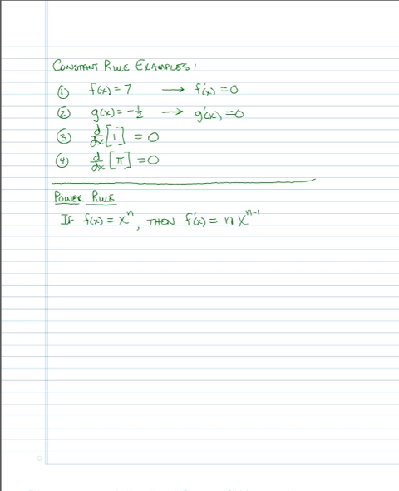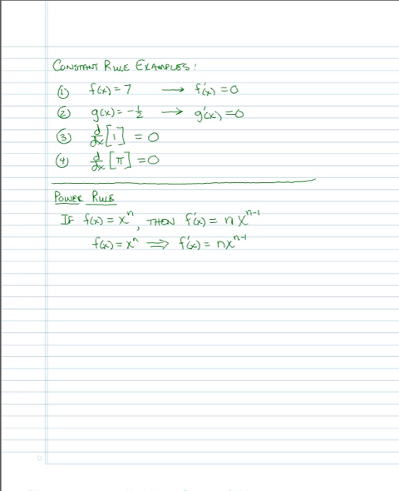Now, again, another way to write this in the notation I showed a while ago: if f of x is equal to x to the n power, then that implies, of course, that f prime of x is equal to n times x to a power that is 1 less than the original exponent.